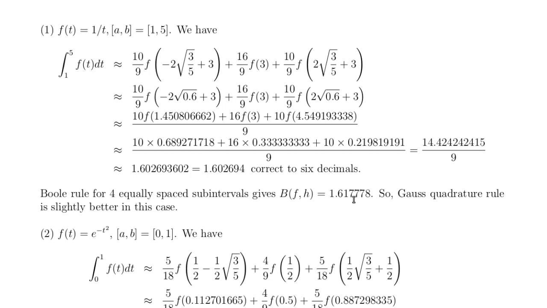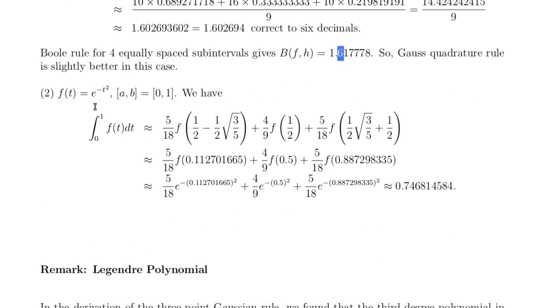But here in this rule, we computed only 3 evaluations. But with 3 evaluations, we captured 2 decimals. With 2 extra evaluations for Boole's rule, we only capture 1 decimal, this one. But the 0 is not captured. So this is more expensive, but gives us a lower accuracy compared to the 3 points Gaussian rule, which only evaluates the function at 3 points, but gives us a more accurate result.